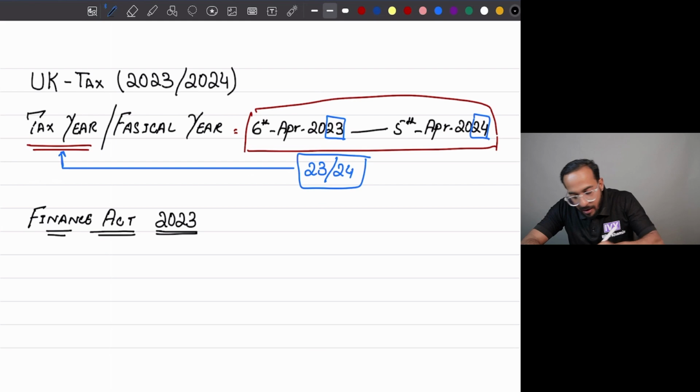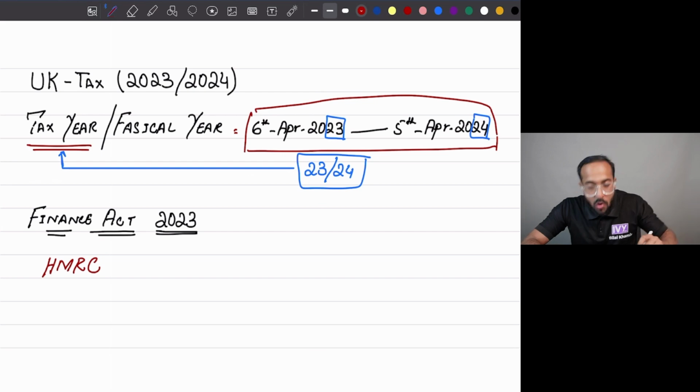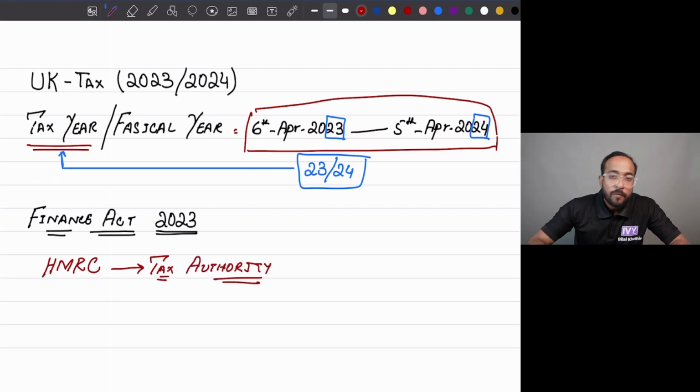There is one more jargon which I will be using throughout the course, that is HMRC. What do you mean by HMRC? HMRC is a tax authority which is responsible for all the tax matters.